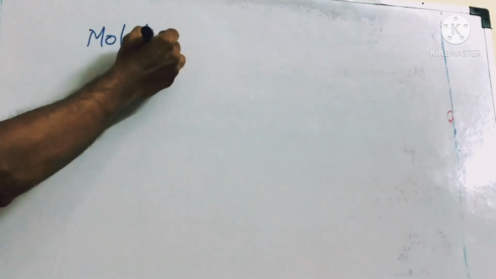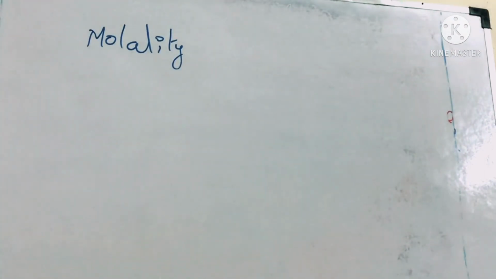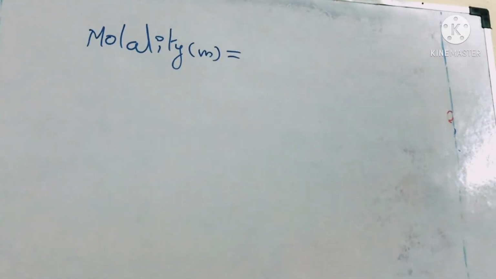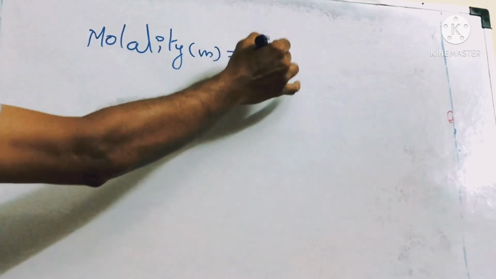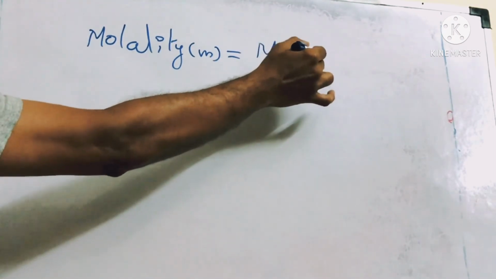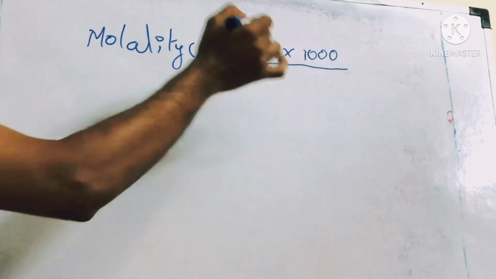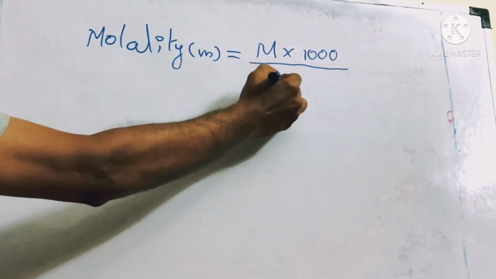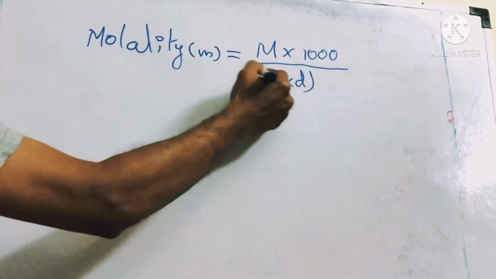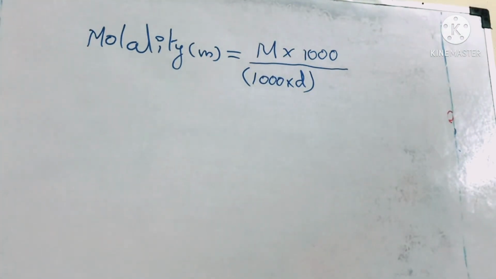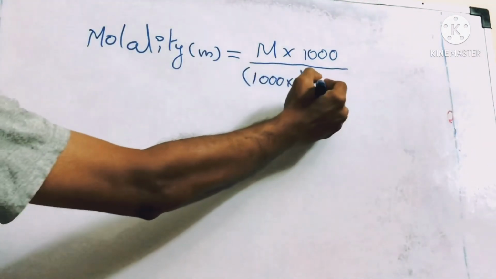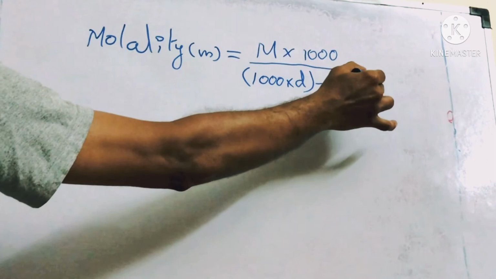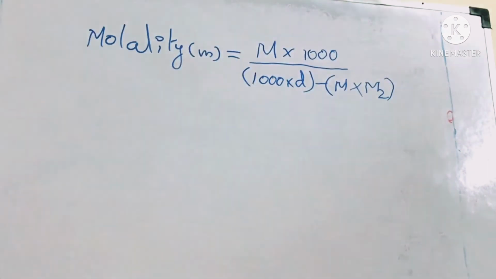Molality, that we will represent with small m, is equivalent to molarity, that is capital M multiplied by 1000, divided by 1000 multiplied by D, the density of the solution, minus molarity multiplied by the mass of component 2, mostly solute.